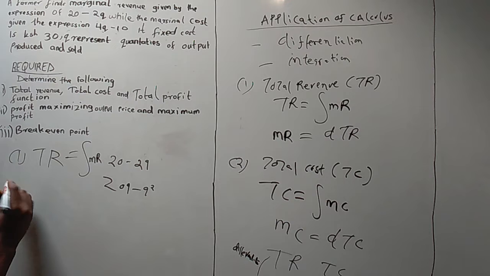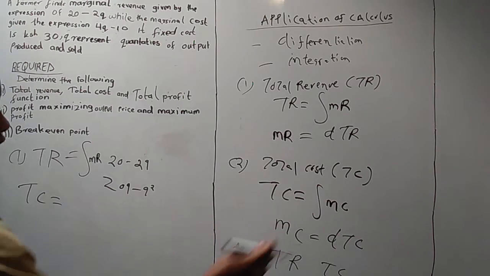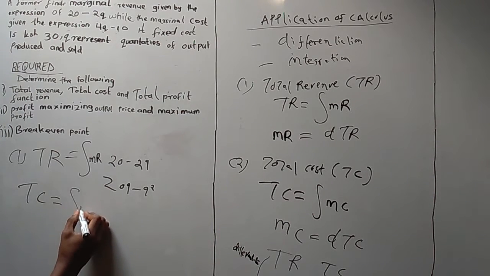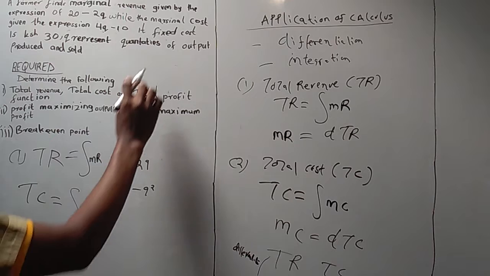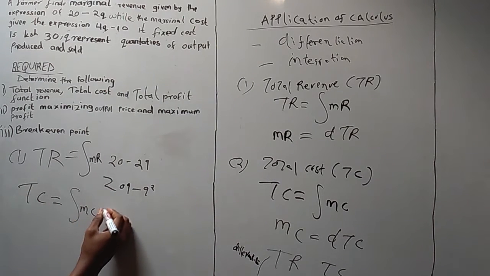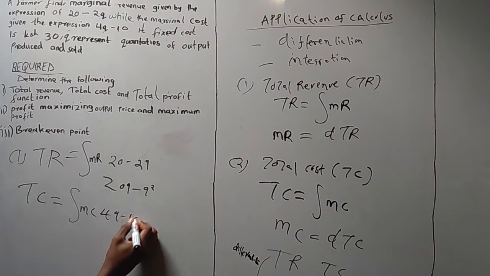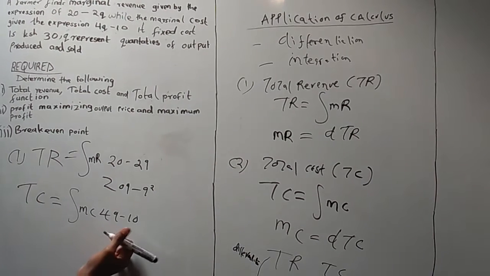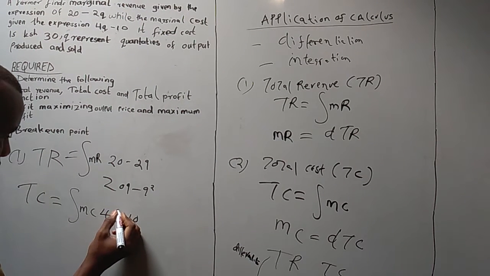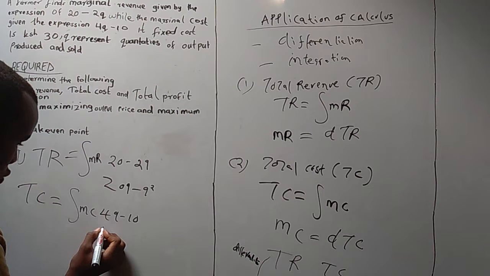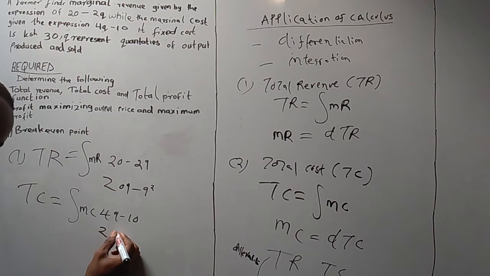Number 2, the next was total cost. Total cost is equal to the integral of the marginal cost. Remember, our marginal cost here is 4Q minus 10. If we integrate this, we add 1 plus 1, which is 2, over 2, which comes to 2Q squared minus 10Q.